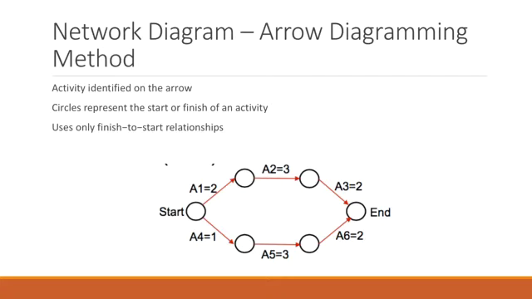A1 equals 2 means that activity is going to take 2 days. In order for activity 2 to happen, activity 1 needs to be completed, and then activity 2 is going to take another 3 days. After that, activity 3 can happen and it's going to take another 2 days. However, to get to the end, there's the other side of the coin in which activity 4, activity 5, and activity 6 need to be completed before you can actually finish the project.